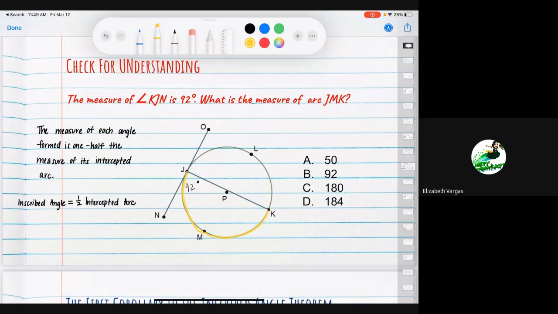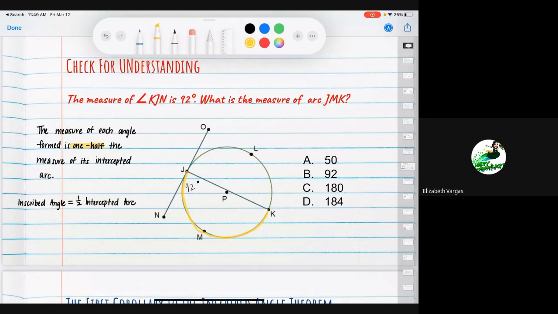Okay, and I will launch the poll, or you can put it in the chat box. So we're looking for the measure of arc JMK, given that we know that the measure of each angle formed is 1/2 the measure of its arc.